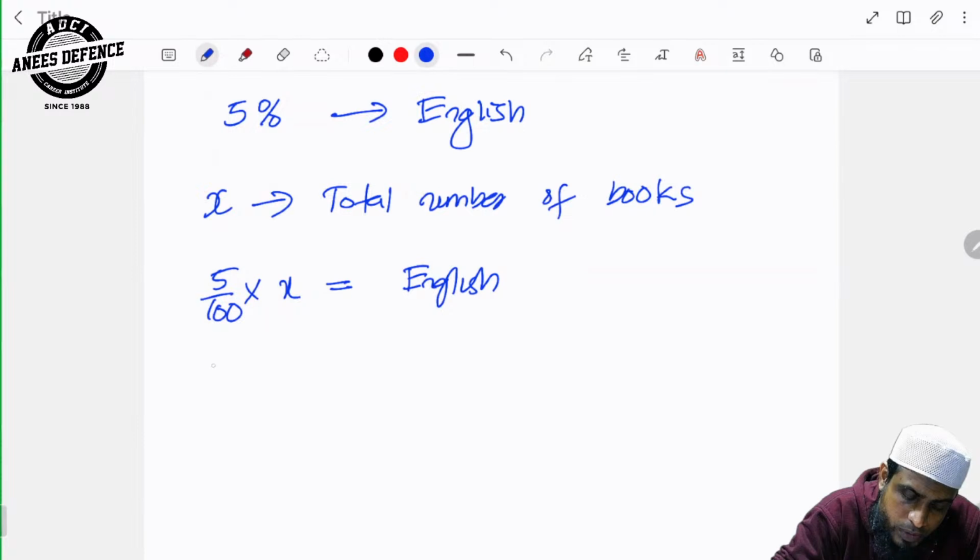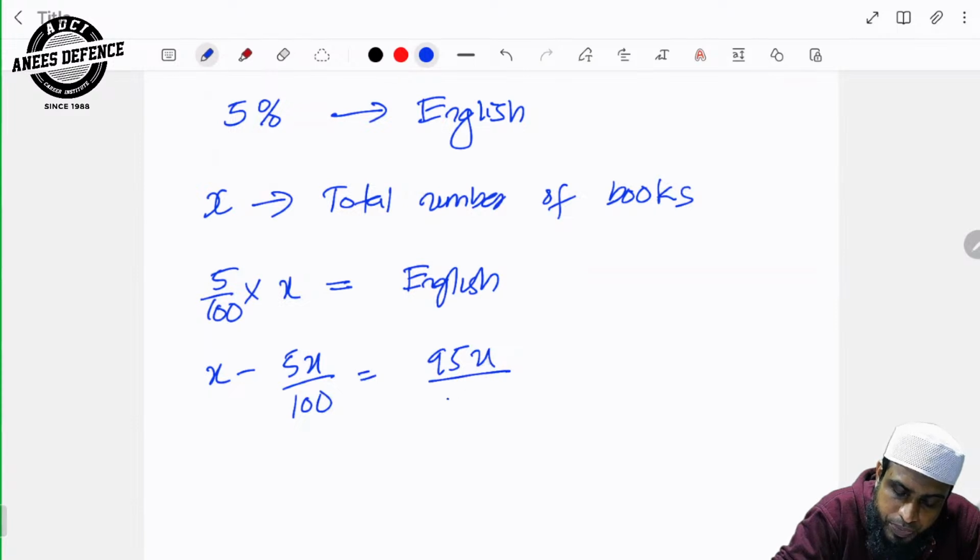So the remaining books is x minus x by 100. It will be 95x by 100.